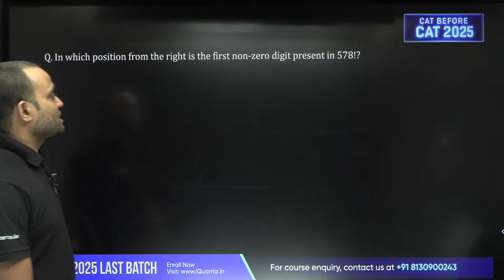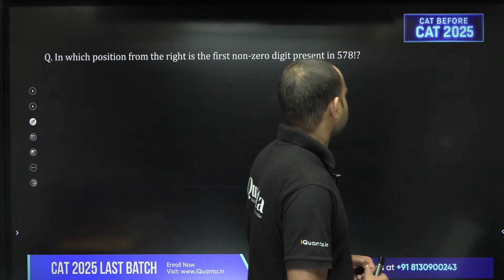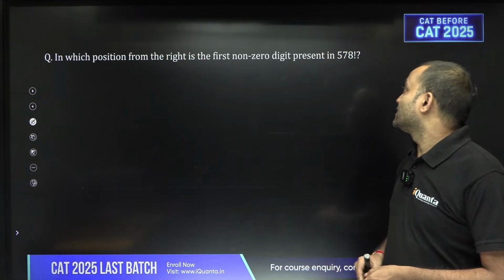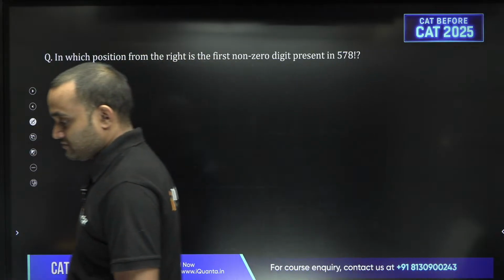In which position from the right is the first non-zero digit present in 578 factorial?